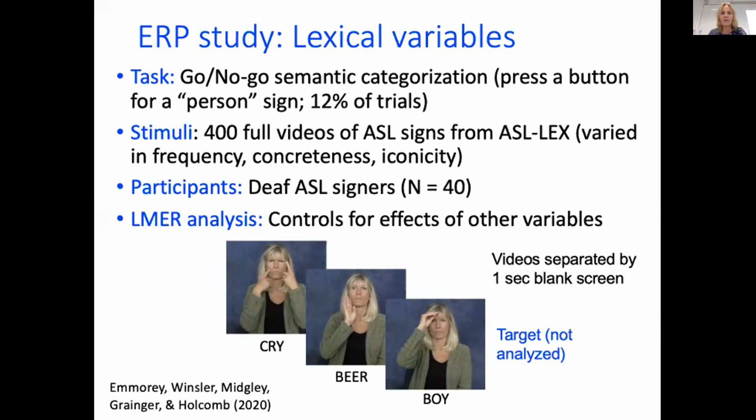We had a large number of deaf signers, about 40. And in this case, we used linear mixed effects regression analyses. This was spearheaded by Kurt Winsler. Rather than averaging across participants and items, we actually took individual trial EEG data and put that into the model. So what I'm going to be showing you when I show you the voltage maps, they're not really voltage maps.